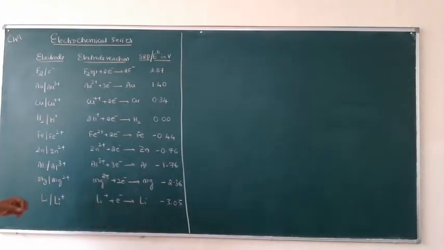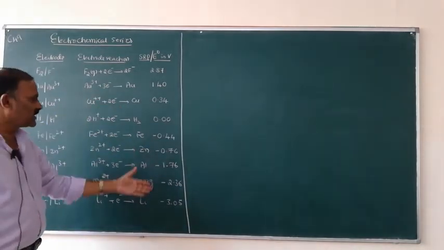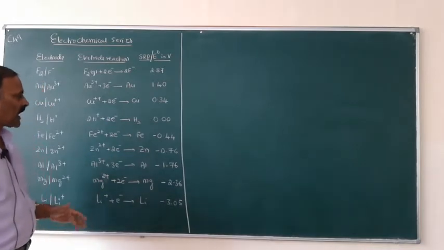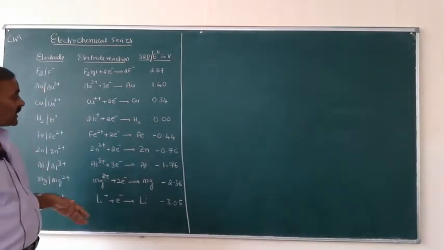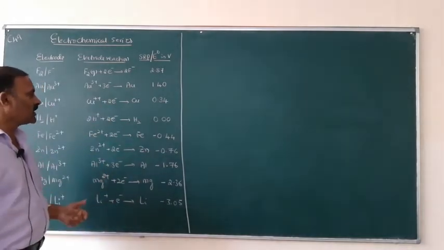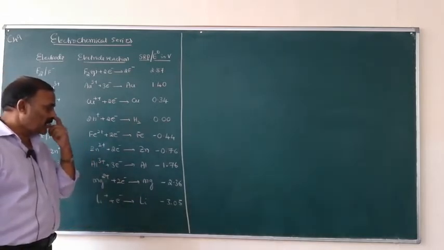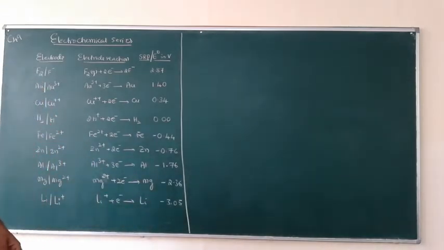It is also called activity series because as the electrode potential decreases from top to bottom, the activity of metals increases from top to bottom. Therefore, this is also called activity series.